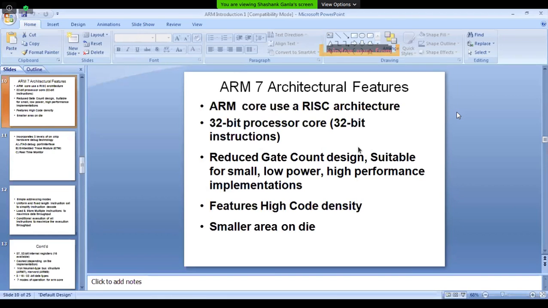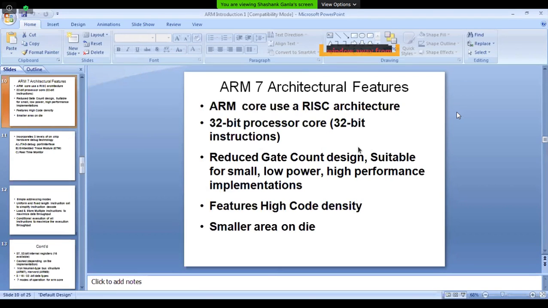Now, if the same application is written using thumb instructions, it may take slightly more instructions than in ARM, let us say around 130 or 150 instructions compared to 100. So 150 instructions multiplied by 2 bytes per instruction gives us around 300 bytes.